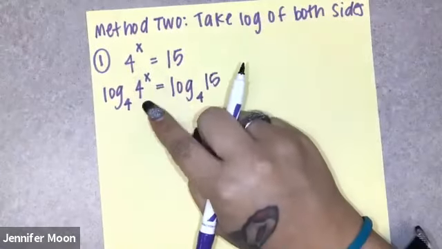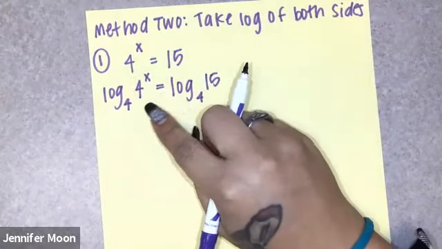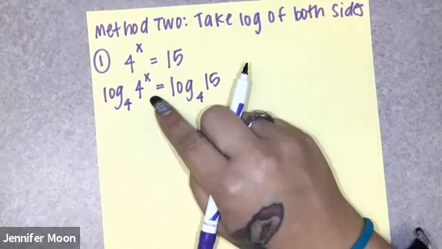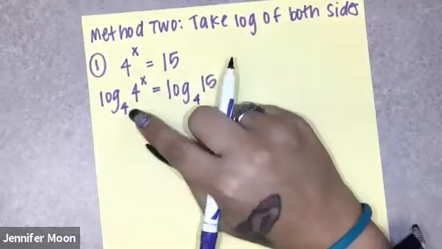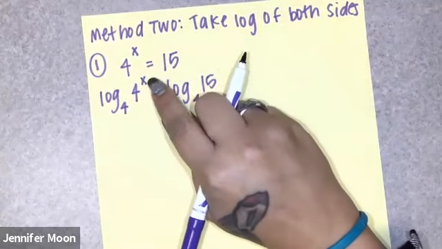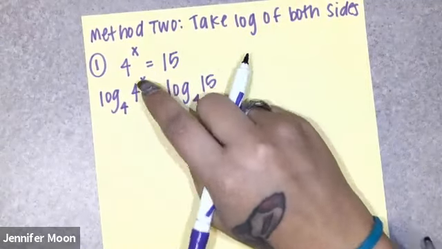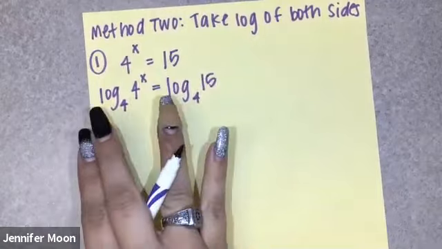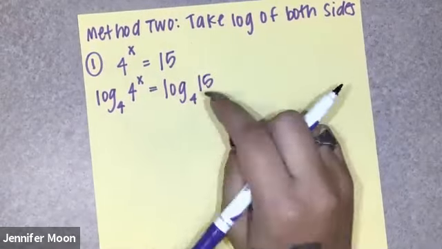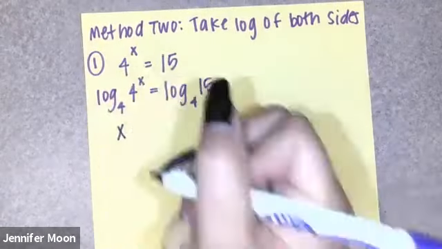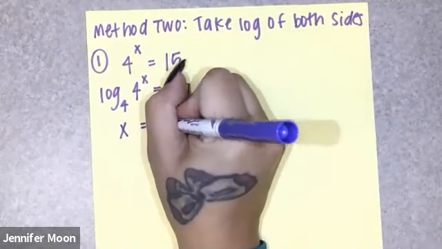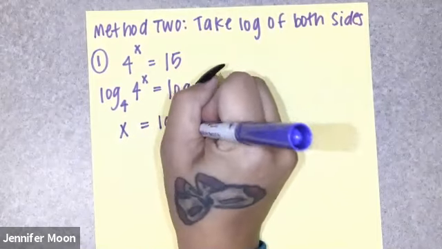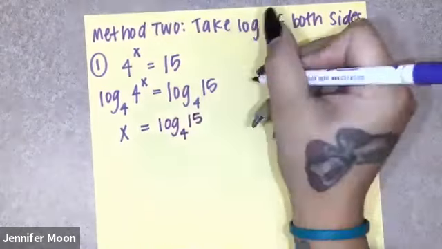And this is because if I use this property here, because it's in that 3-step form, 4 to the x, don't I just get x? And so now on the left-hand side, I have x equals, and then I'll have this right here. And that's using that property. So x equals log base 4 of 15.